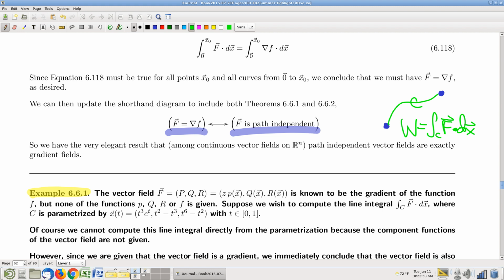Right? So this is kind of what we're seeing here with path independence. Path independence, interpreted in the context of work line integrals of the gravitational field, gives rise to a concept in physics.